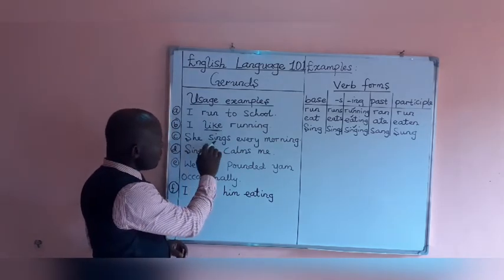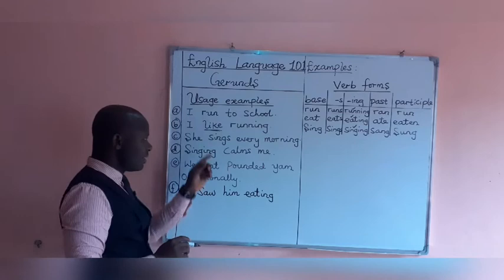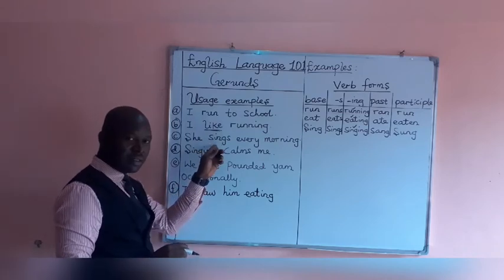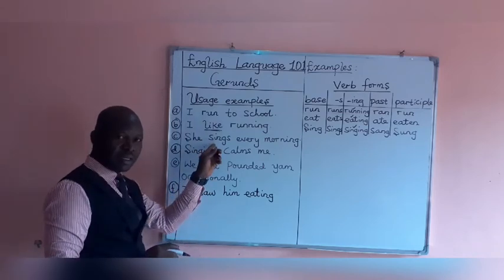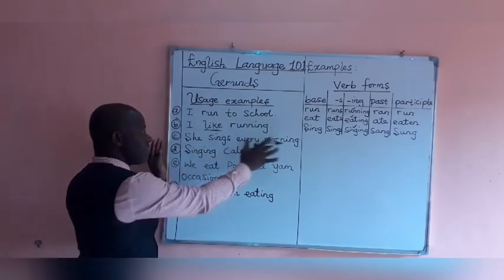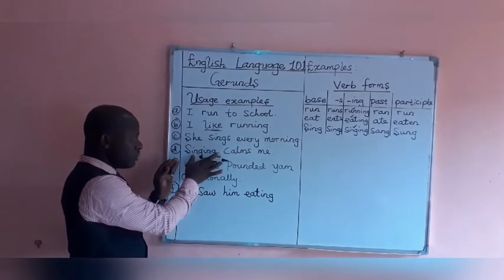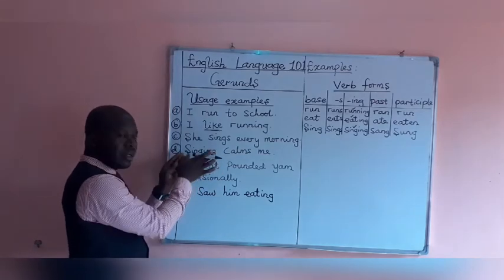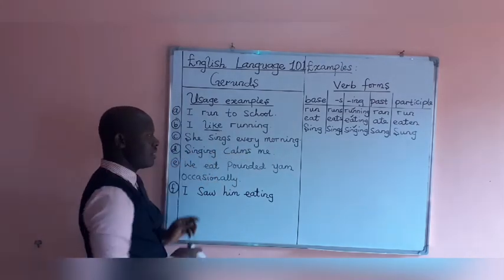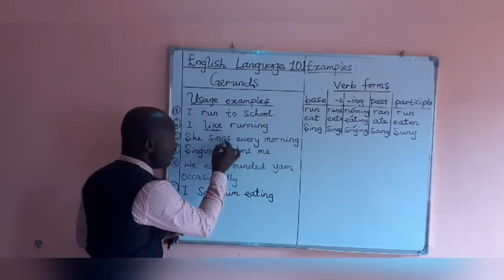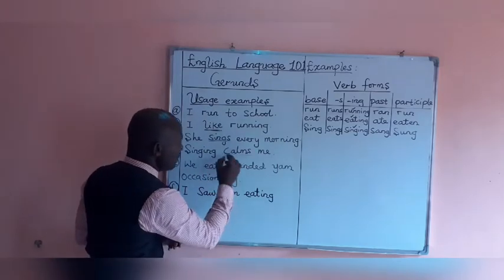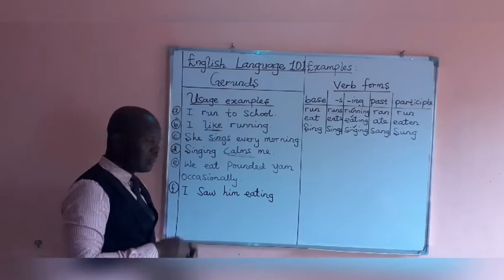Now, if you look at the first one, sings is the verb because this is the action word there. The meaning of the sentence rests on it. But if you look at the second one, singing calms me. In this one the verb is calms.